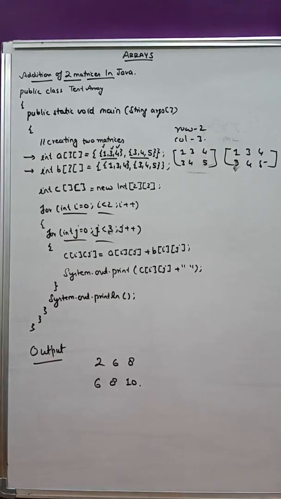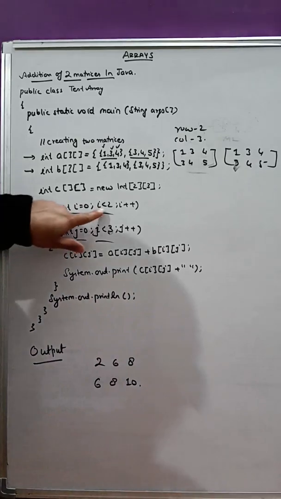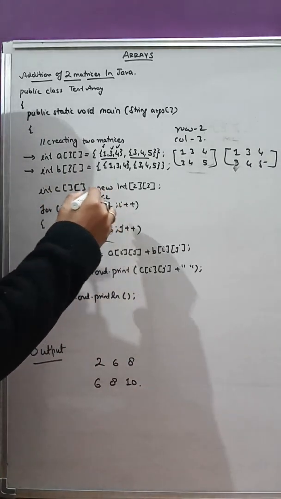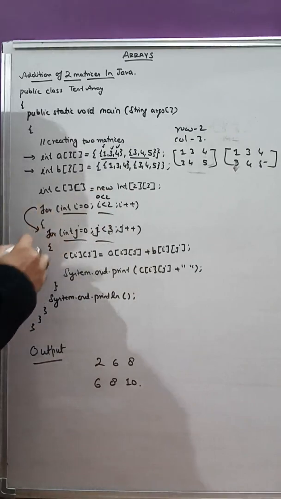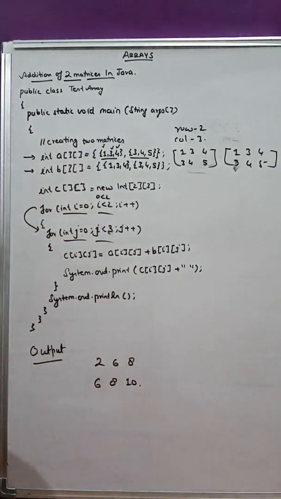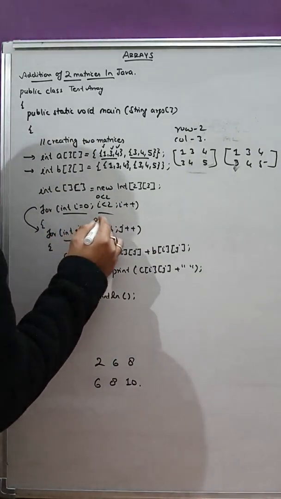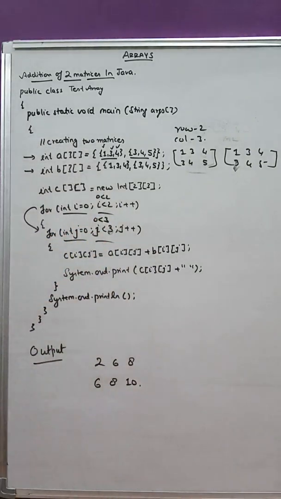First the condition 0 less than 2 will be checked. This condition will be true, so you enter the for loop, and in the other for loop you again check 0 less than 3, and this condition will be true again.